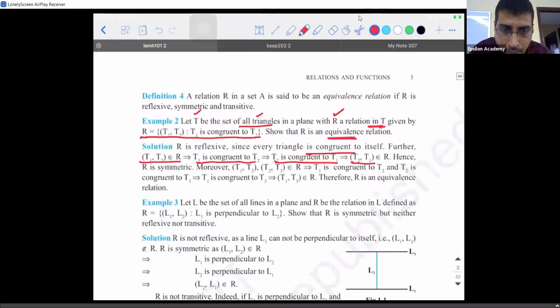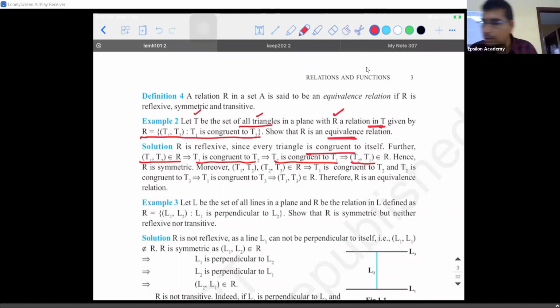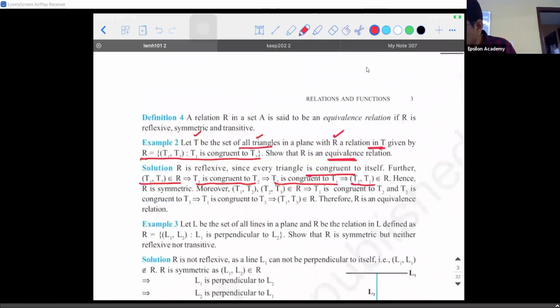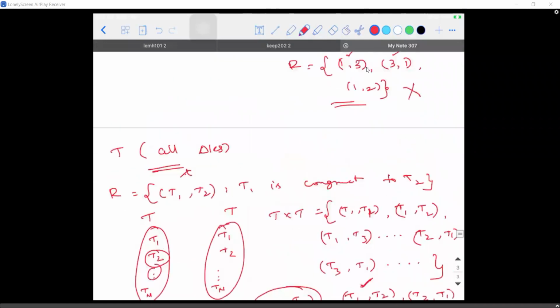Online guys, any confusion? No, sir. Sir, can you show the definition for symmetric again, sir? Yeah, I will do it. The one which I wrote? It's there in the text. Okay, just a minute, guys.